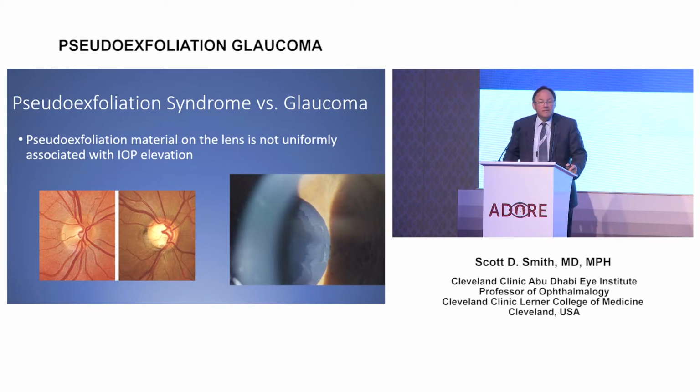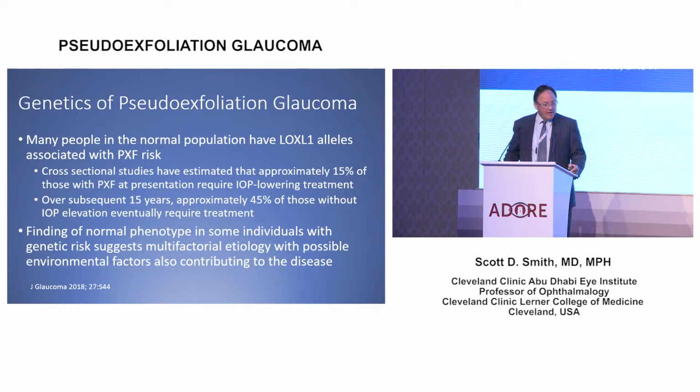Now, although we see pseudoexfoliation in many patients, not everyone that has pseudoexfoliation material on the lens capsule develops glaucoma. And in fact, many people in the normal population also have risk alleles in the LOXL1 gene that are associated with pseudoexfoliation risk, but not all of them have glaucoma.